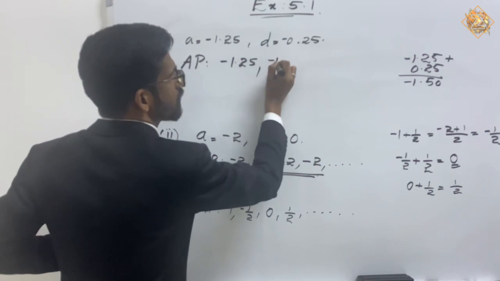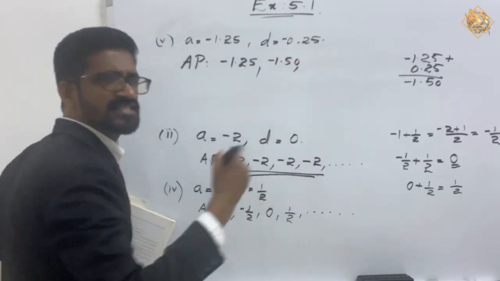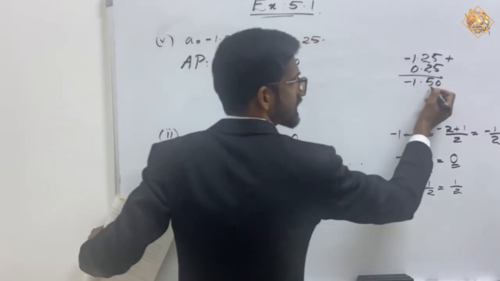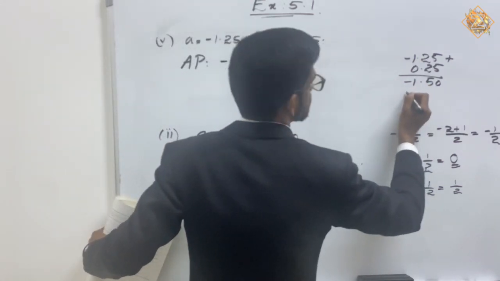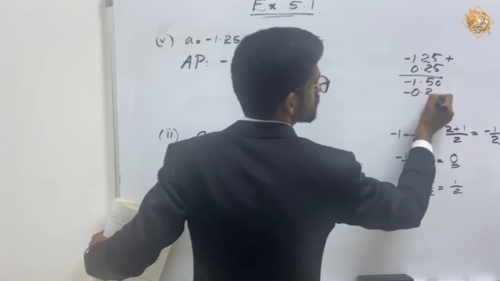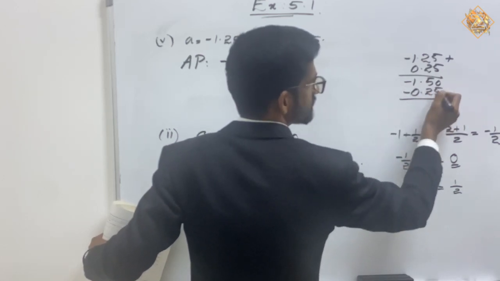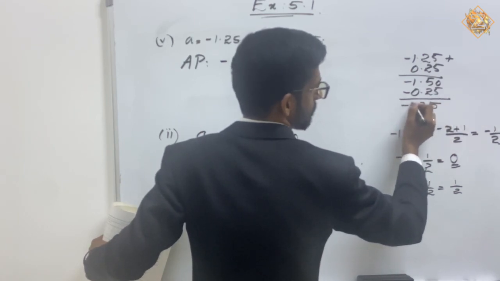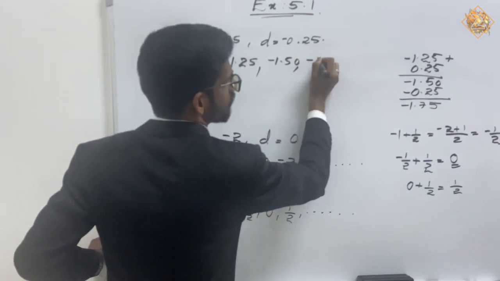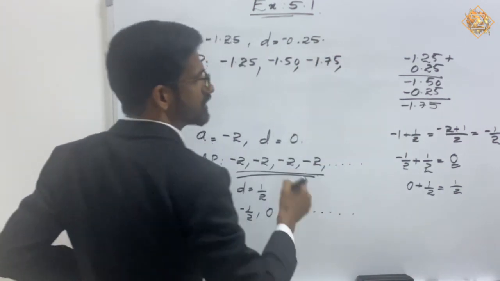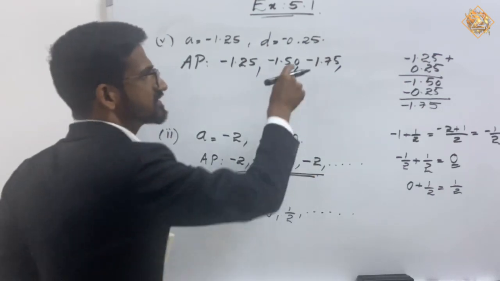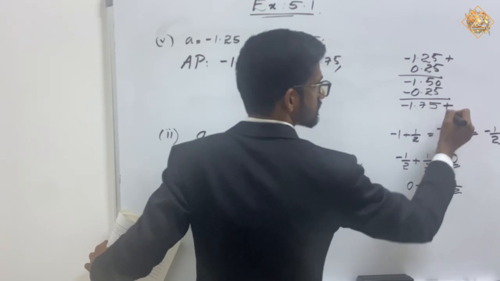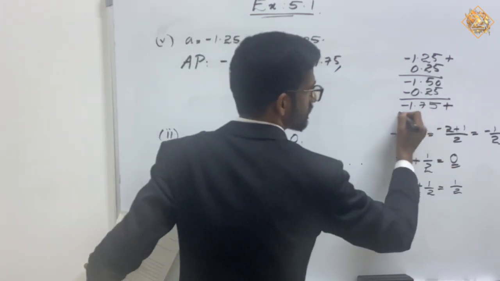It is minus 1.50. To get the third term, along with the second term, we have to add the common difference. Here it is minus 0.25, isn't it? So when we add this, we get minus 1.75. To get the fourth term, along with the third term, we are adding the common difference, that is minus 0.25.